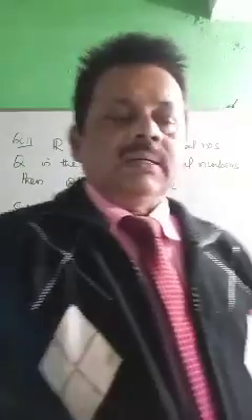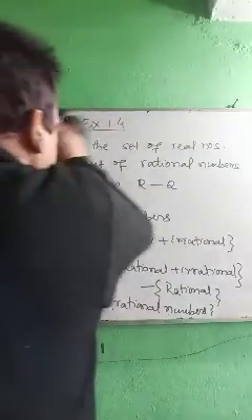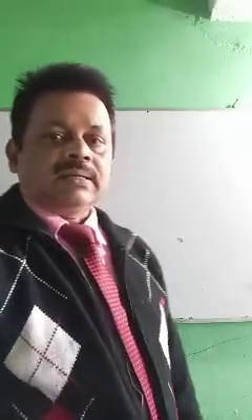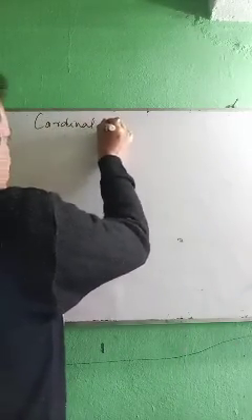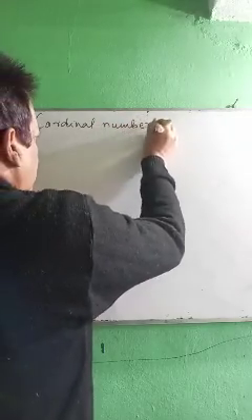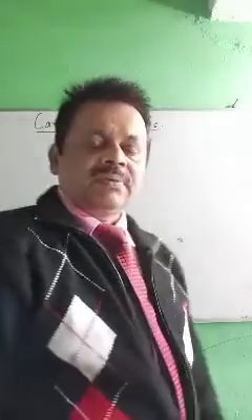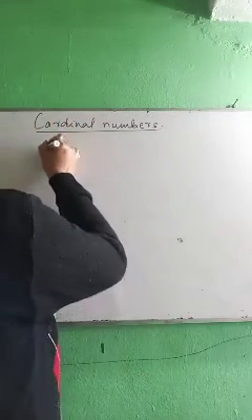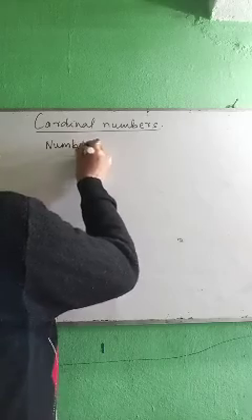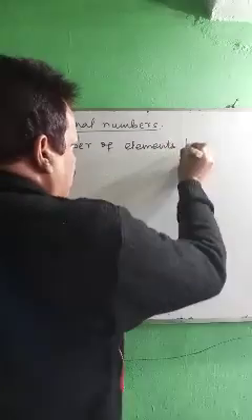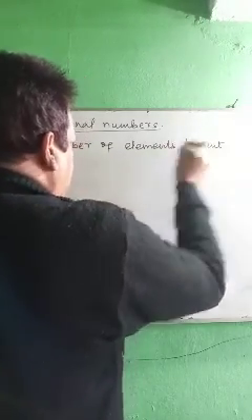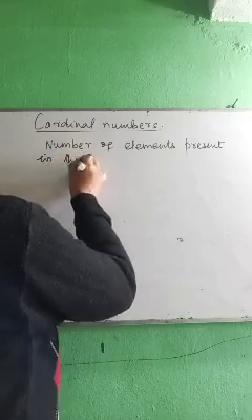Now we'll go to cardinal numbers and the formula based on that. Cardinal number is the number of elements present in the set.